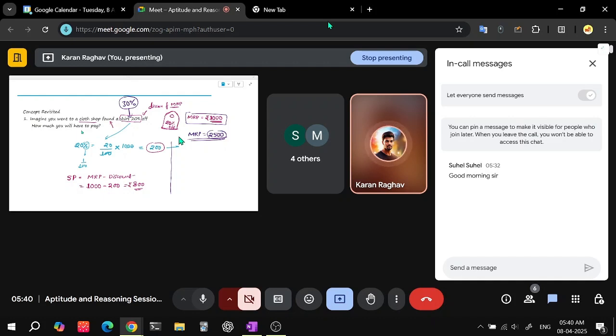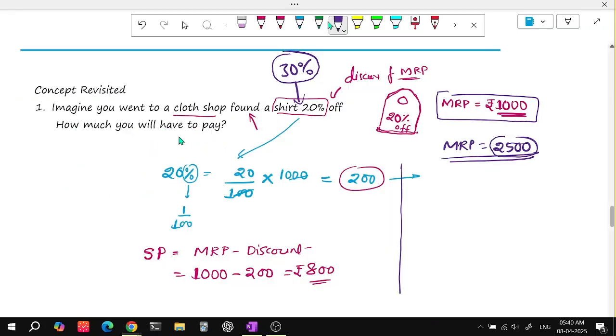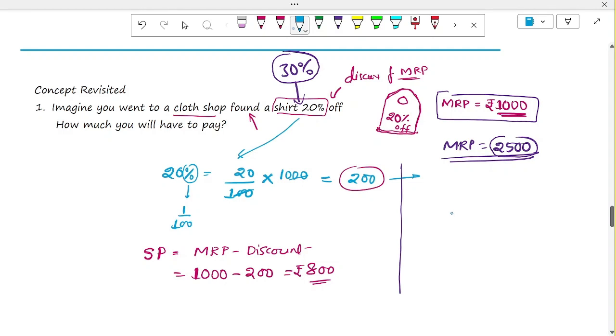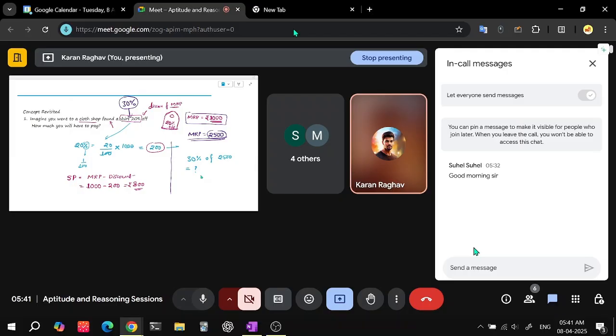You need to find what is the 30% of the given amount, that is 2500. So how will you solve this one? 30% of 2500, what will this be equal to? I need a response from you because this should be a very interactive class in the morning.